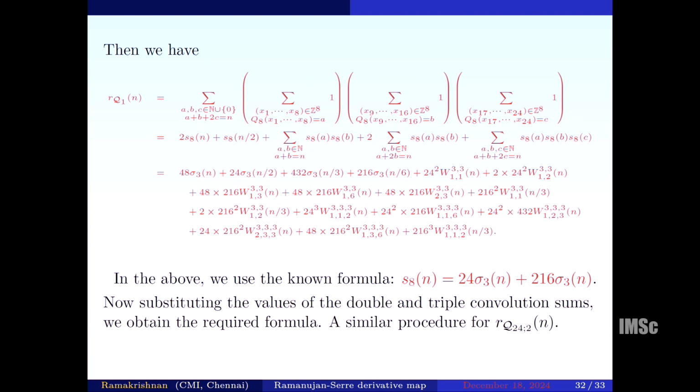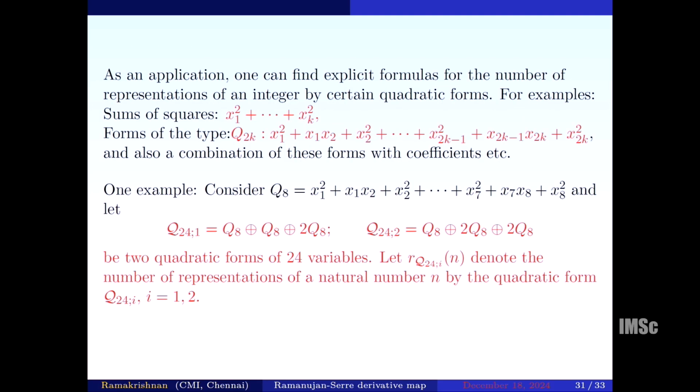One more thing I want to mention is that this is just an application I wrote, but without this application, directly I can use the modular form technique to get a formula for this. One can prove that this particular one is a weight k modular form of level 3, because when you take x1 square plus x1 x2 plus x2 square, it is a level 3 form, Gamma 0 of 3 with character will appear.